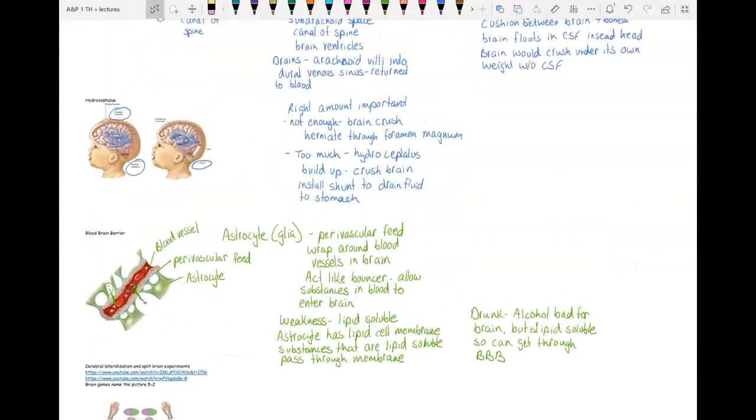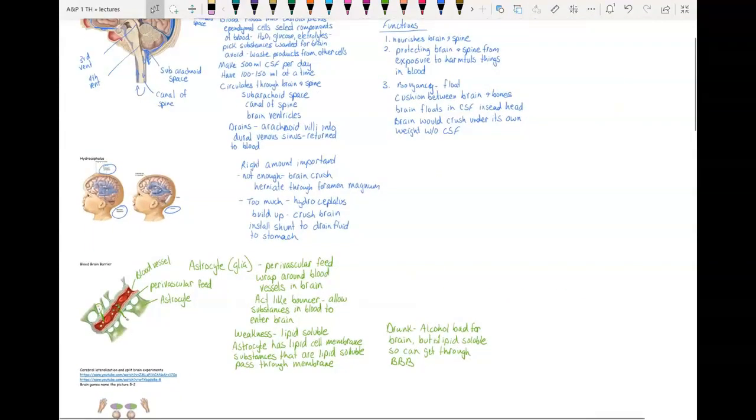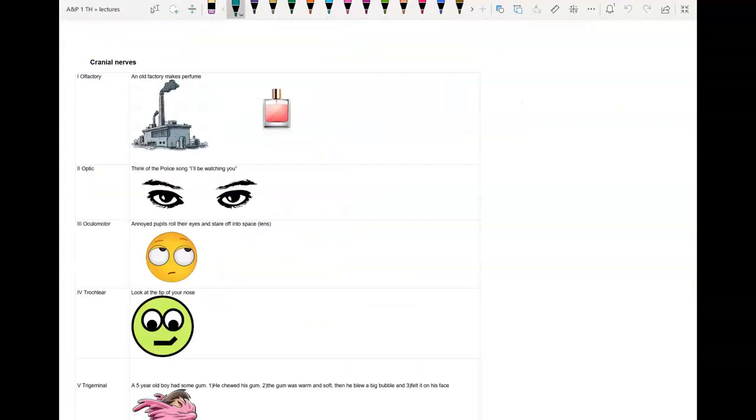So there's the remainder of the things that protect your brain. You have 12 pairs of cranial nerves. These are nerves that go straight from the brain to the effector.